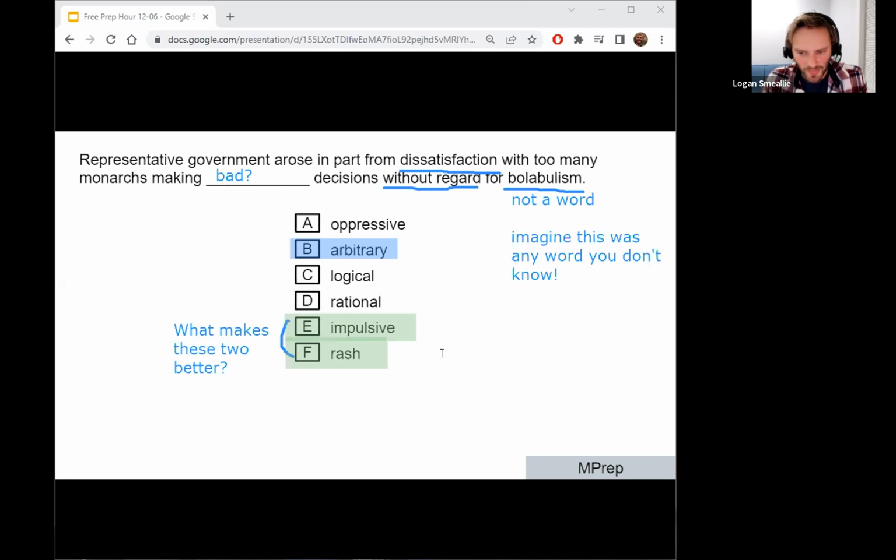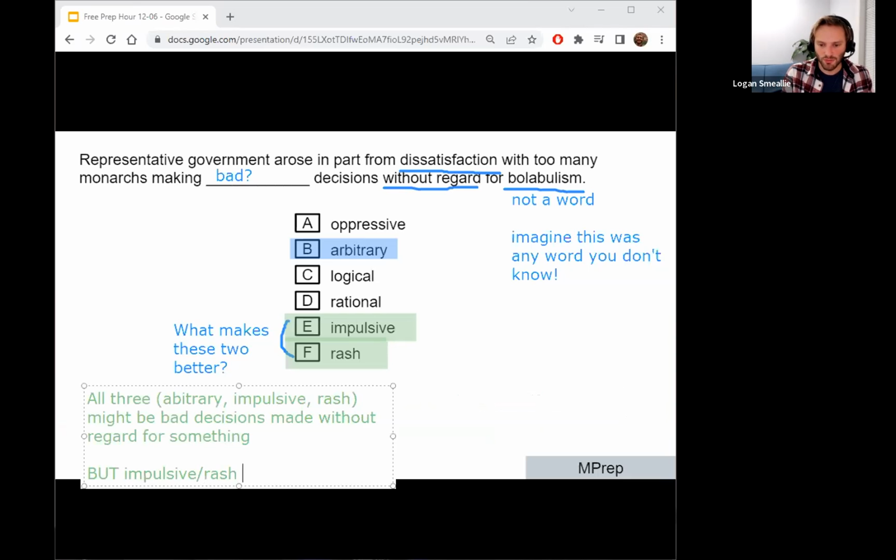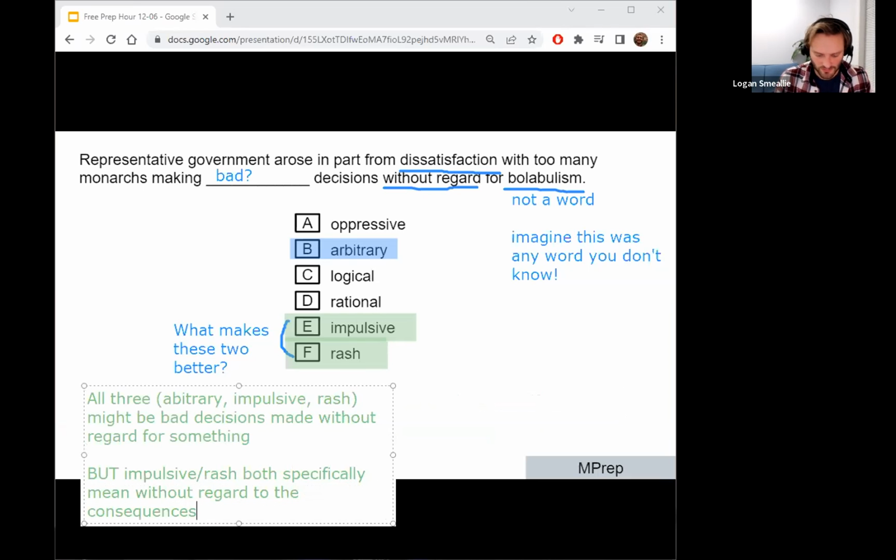For me, even though all three of these can be a decision that's happening without regard, arbitrary, impulsive, and rash might be bad decisions made without regard for something. But impulsive and rash both specifically mean without regard to the consequences.